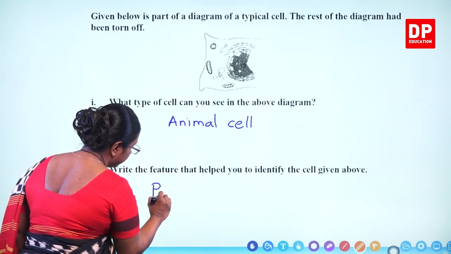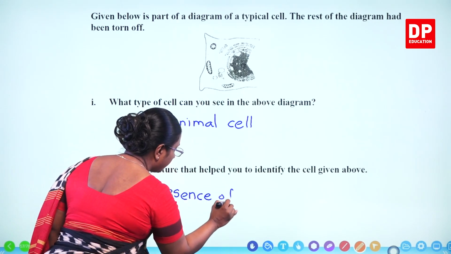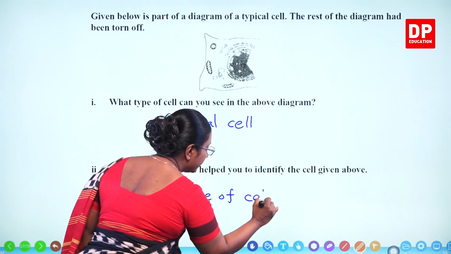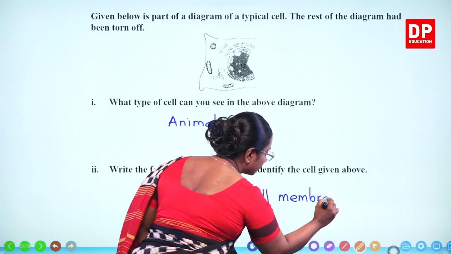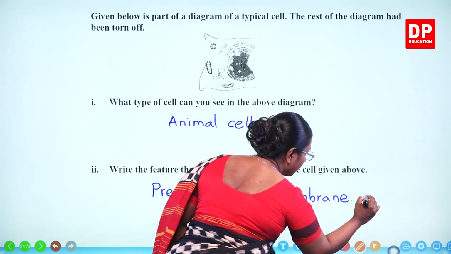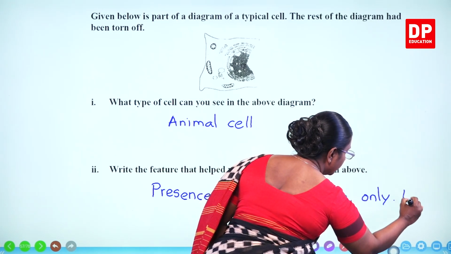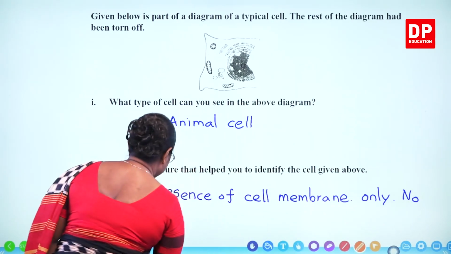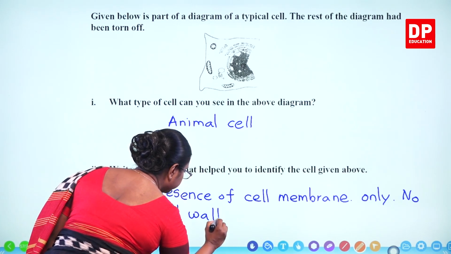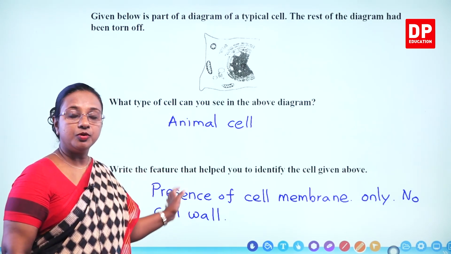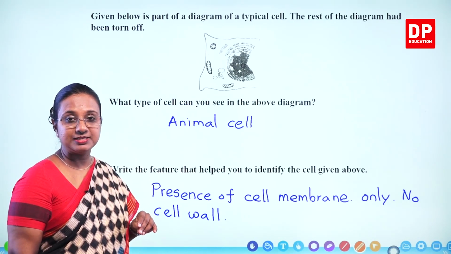So here you can say presence of cell membrane only. No cell wall. Both help you to identify that this is an animal cell.